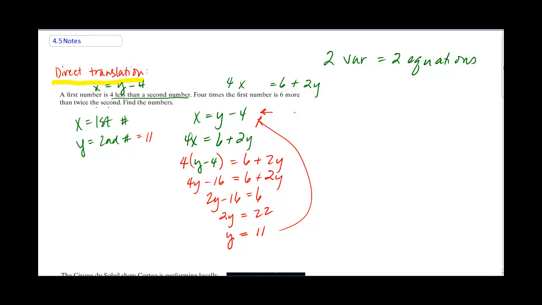So I have x is equal to 11 minus 4, which we know that's equal to 7. So I found out that x was 7 and y is 11. So I could write this as 7, 11. Okay, so direct translation, taking just a sentence and translating it into a mathematical expression.